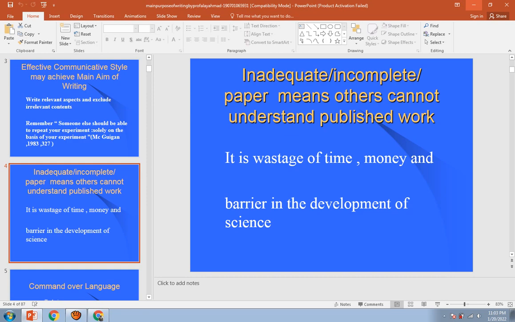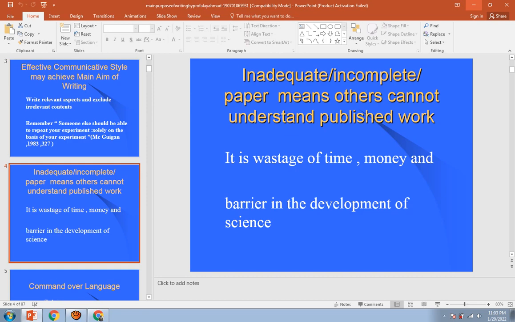So for the advancement of science, the research paper, the research communication must be complete in such a way that when other individuals listen, they understand it. When they read it, they understand it.